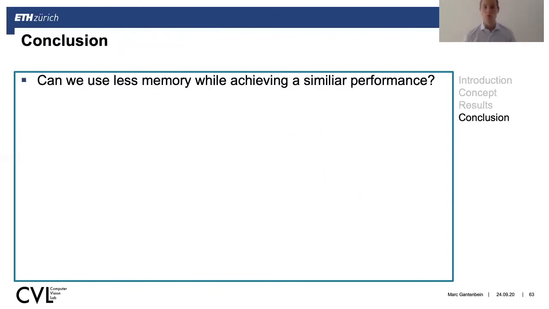So to come back to the beginning, we set out to answer the following 3 questions. Can we use less memory while achieving a similar performance for this generation of segmentation samples? We can clearly state yes, although we are a little bit worse, the sample quality is still very good.